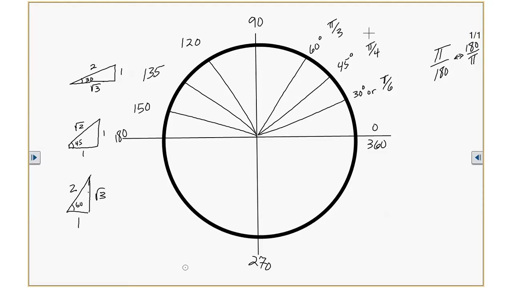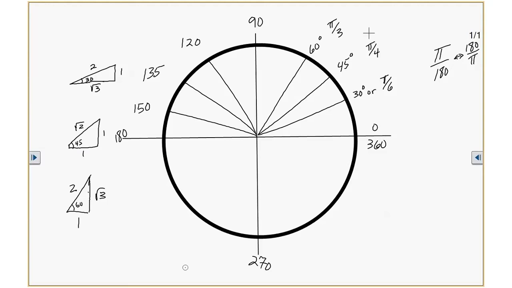Now change those right quick. So, whoever this teacher is in your past that told you had to memorize the unit circle, you didn't get your money's worth. Because you don't have to memorize it. You just have to learn these three things right here.